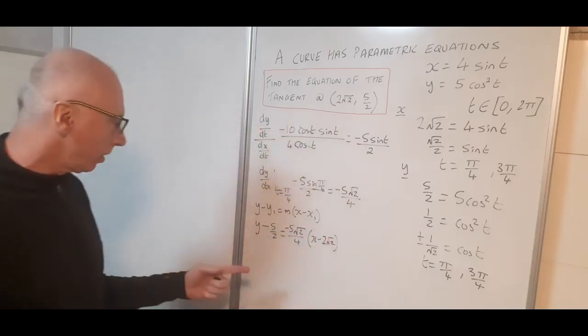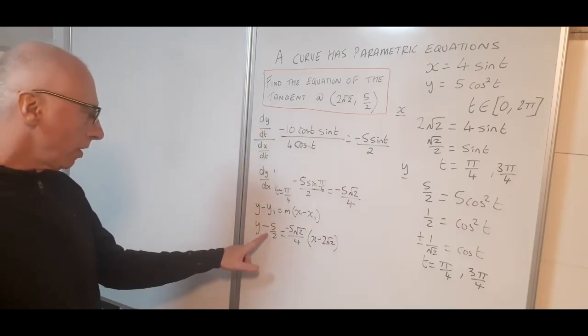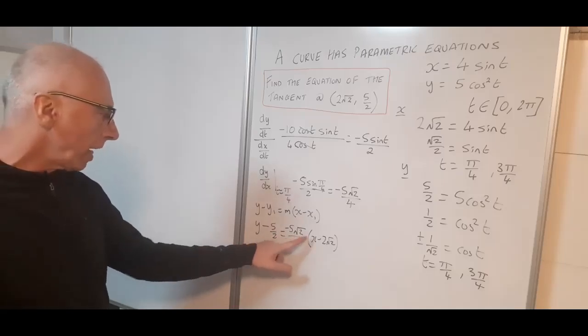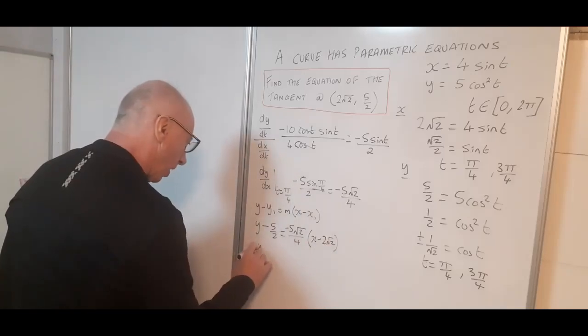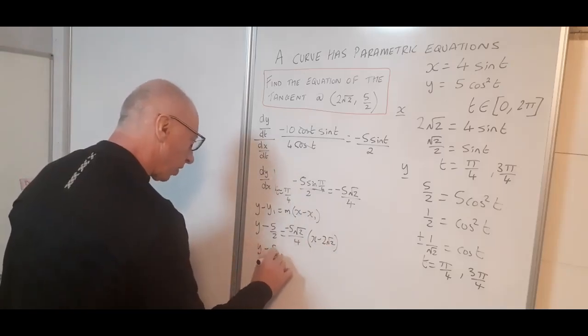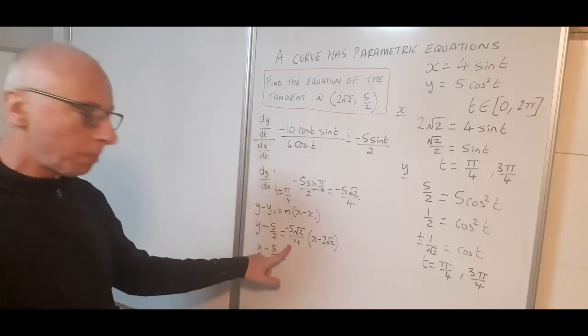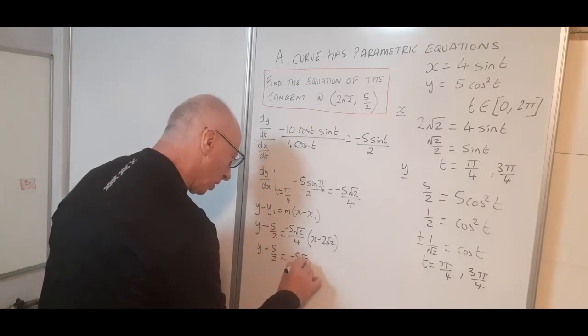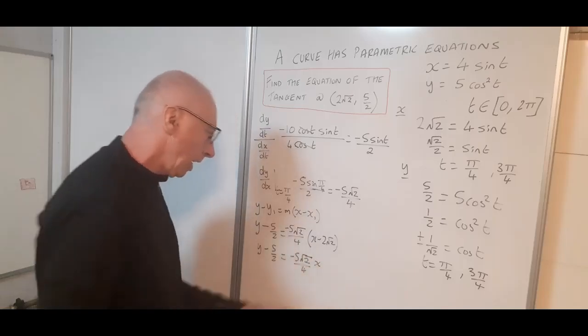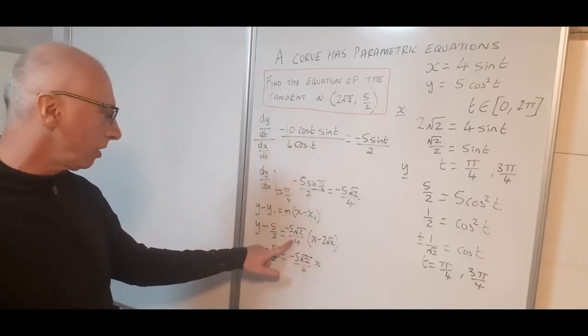Okay, let's do some work on this. What I need to do now is distribute the minus 5 root 2 over 4. So I've got y minus 5 over 2 equals minus 5 root 2 times x over 4, and then 2 root 2 times this.